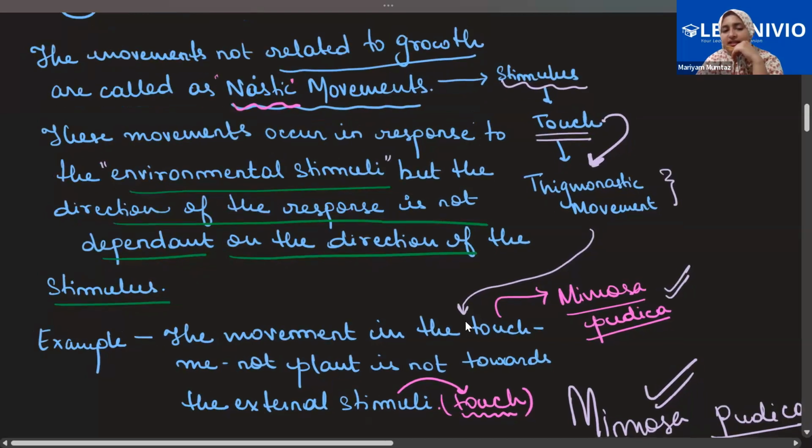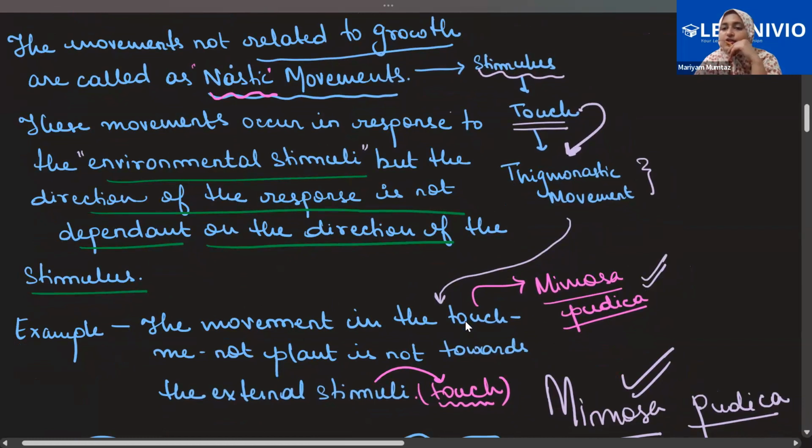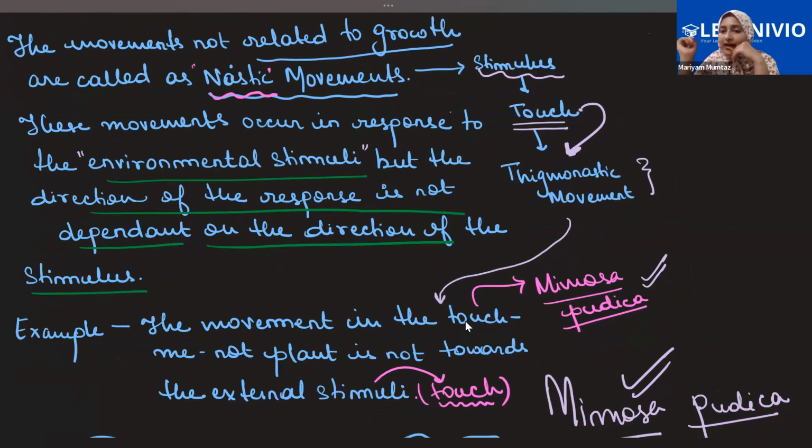Yeah, so as I was saying, in the previous classes, I had taught you about the stimulus and the responses. In that, I gave you one particular example: if someone pats at your back, the initial response would be to turn towards that person, isn't it? So the movement or the response is in the direction of the stimulus that had been provided. But in the case of plants, particularly the nastic movements, or the growth independent movement, the response is not dependent on the direction of the stimulus.